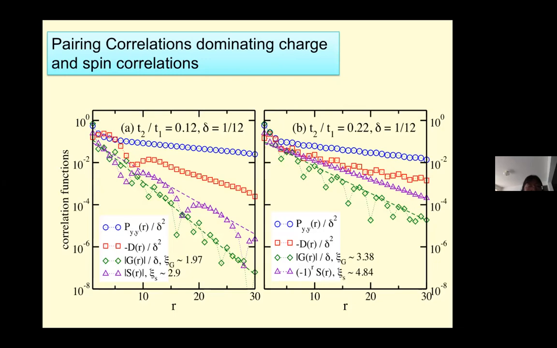Before we examine the behavior of pairing correlation, I also want to compare the pairing correlation with charge and spin correlation.